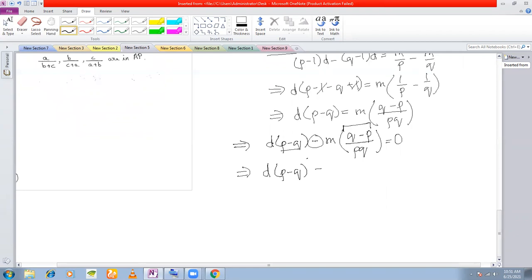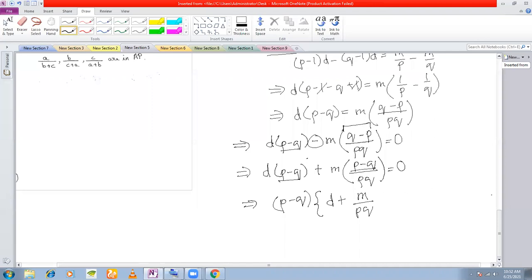So I just change the sign from minus to plus, and then this will become p minus q here, right? pq equal to 0. Now you can take p minus q common. So you are going to get d plus m by pq.